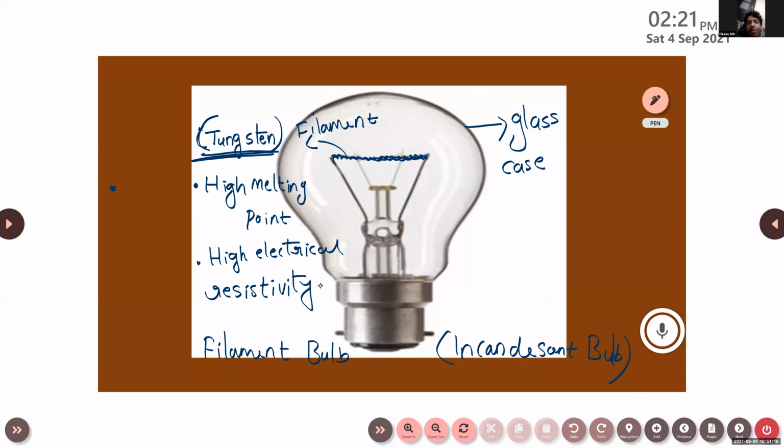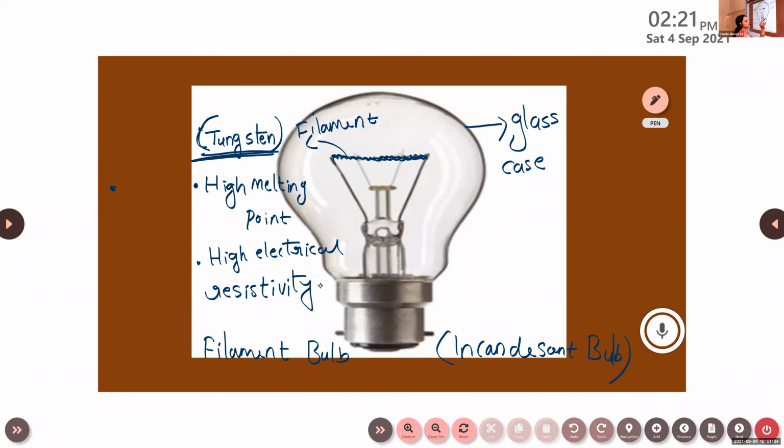You may have noticed that when we touch a bulb or break it, it blasts, and sometimes the filament becomes broken in the case of overloading or short circuiting, when some kind of excess current is passing through.